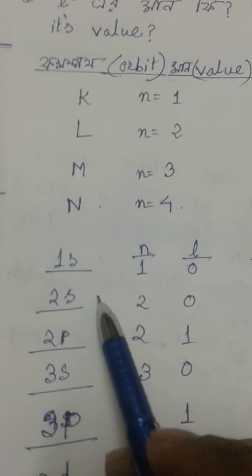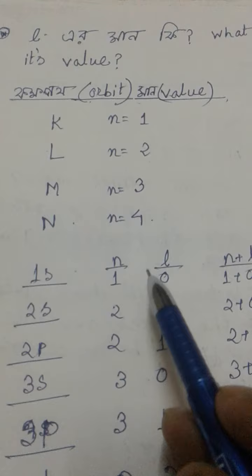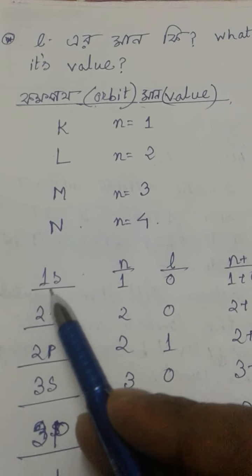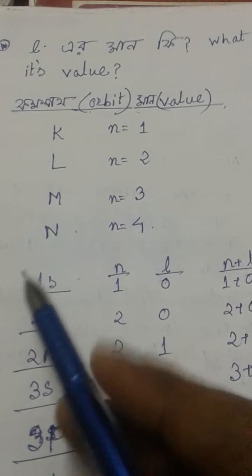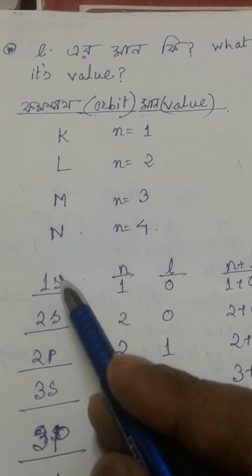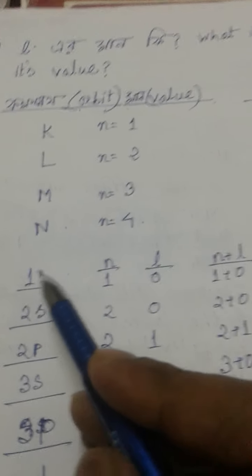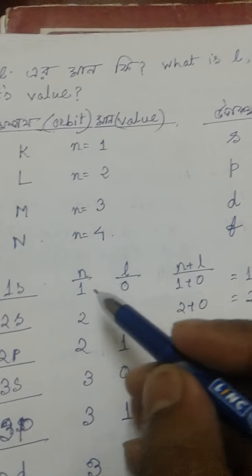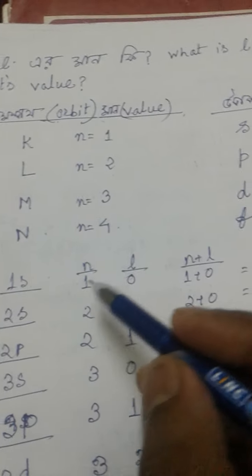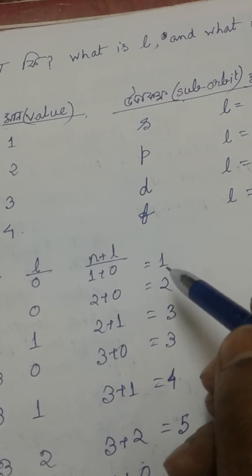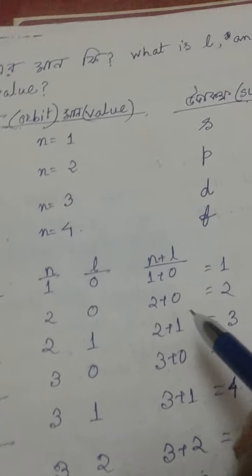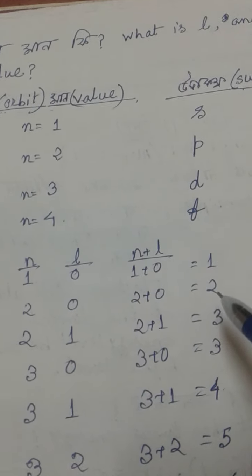So the value of n and L for the 1s suborbit: 1 is for the orbit and s for the suborbit, and the L for the s suborbit is 0. So n is 1 and L is 0, so n plus L is 1, and for 2s it is 2 and 0, so it is 2.